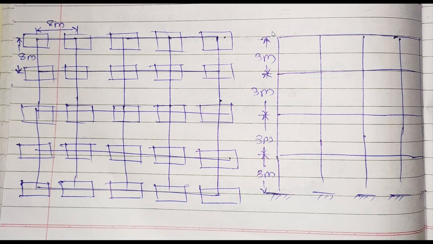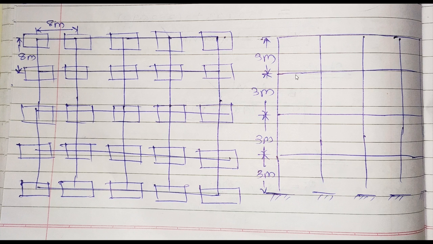W1 will be related to roof, W2 will be related to the third floor, this will be for second, this will be for first.